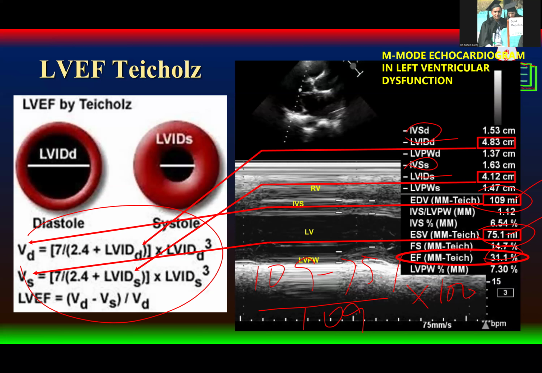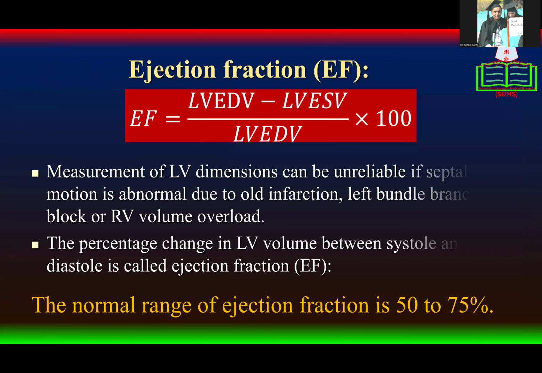You will get fractional shortening. That will be the percent change in the internal dimension of the left ventricle as given in the previous formula. So ejection fraction is calculated over here, and the normal ejection fraction should be 50 to 75.